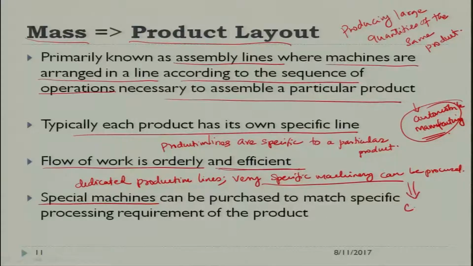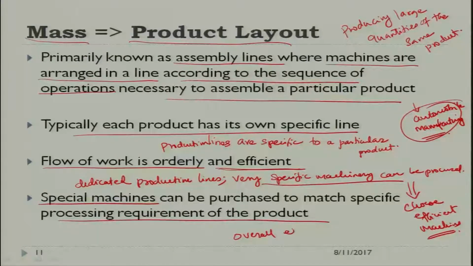You can choose efficient machines, because it is dedicated for a particular task and only for doing that task. Hence, you can choose very efficient machines, and the overall efficiency of the system is high. If you try to do sustainability in this, you can get better results, because you are already dealing with an efficient system.